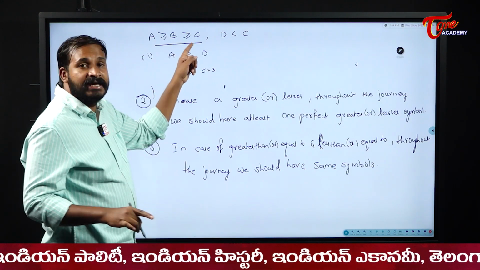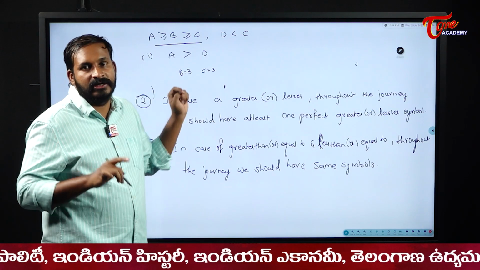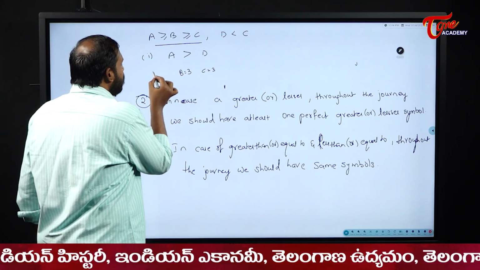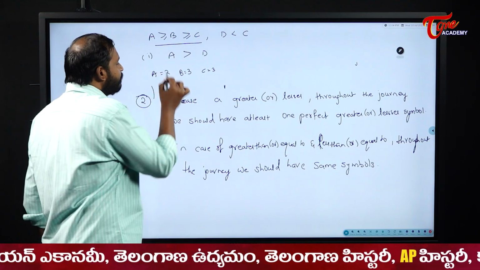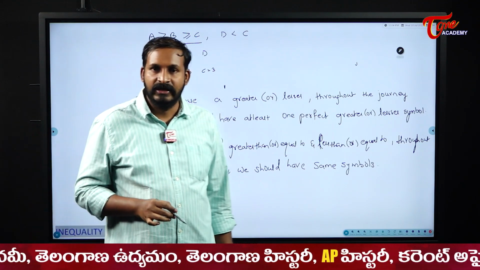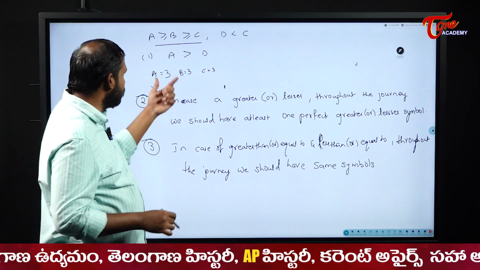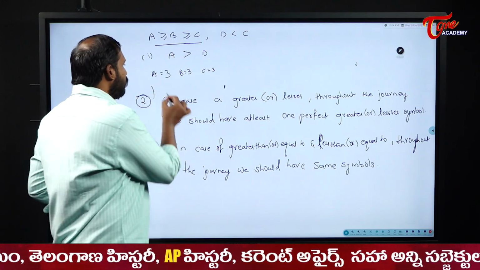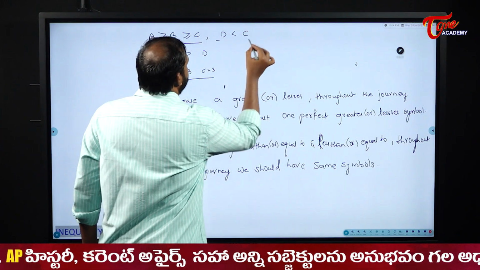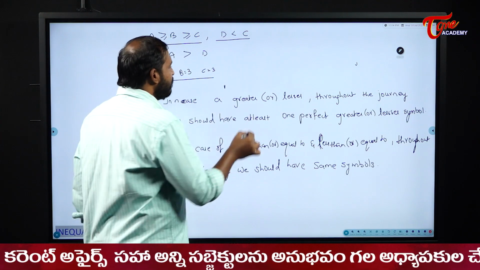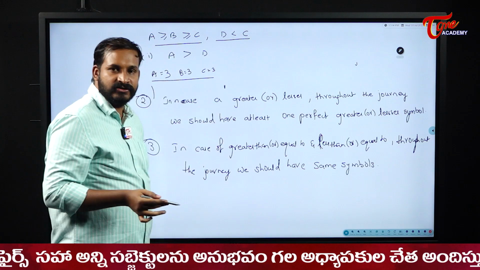Why? Because this is greater than or equal to. Next, what is the value of A I can take here? Here A also I can take 3, right? Yes sir, definitely, because equal to symbol is there. These are the values I have assumed for the time being, the worst case also. Now please see here, D is less than C. That means if C is 3, what is the value of D I should take?